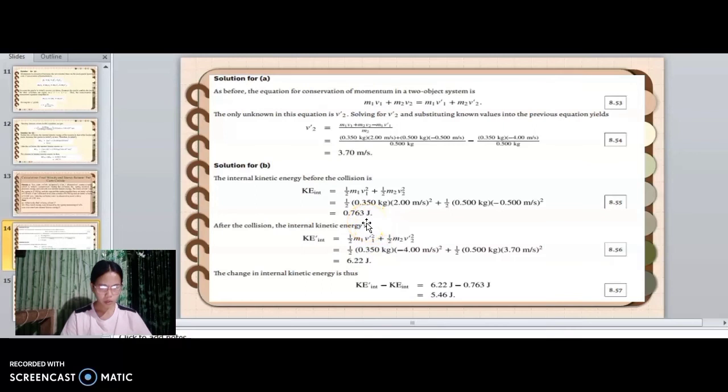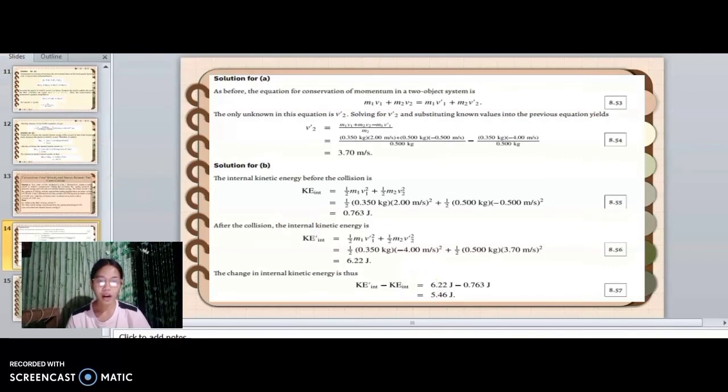Now we are asked to find the change in internal kinetic energy. So we subtract the initial from the final: 6.22 joules, our internal kinetic energy prime, minus 0.763 joule, our initial internal kinetic energy. So we get 5.46 joules.